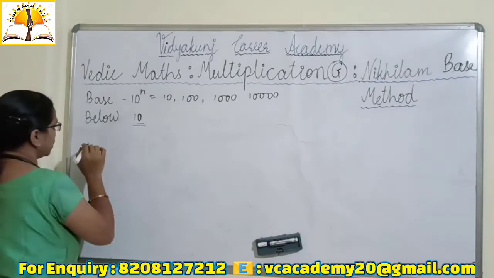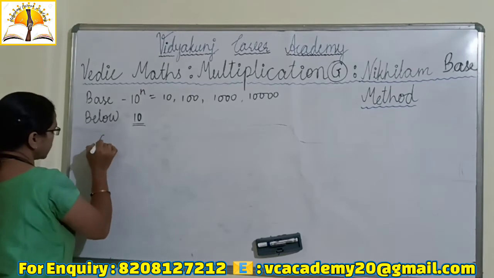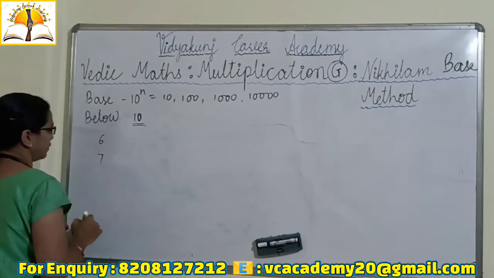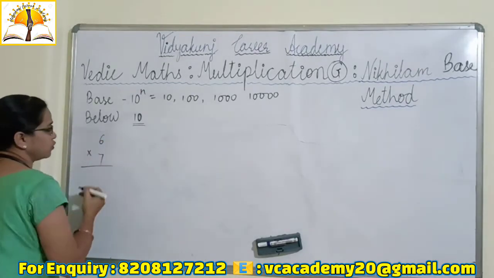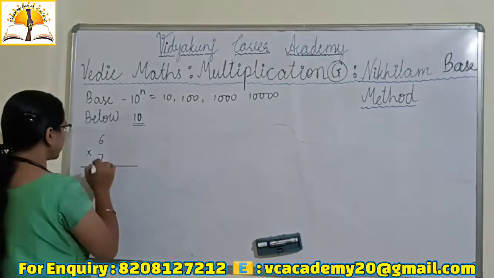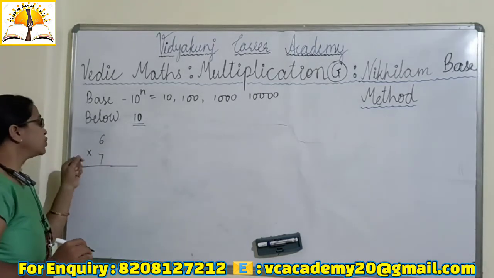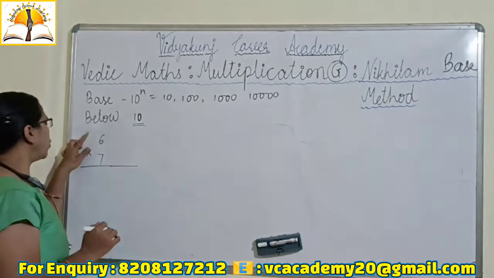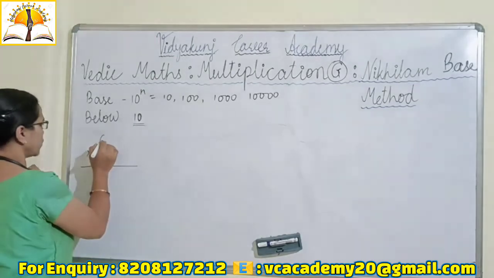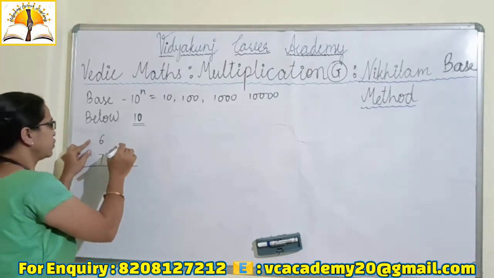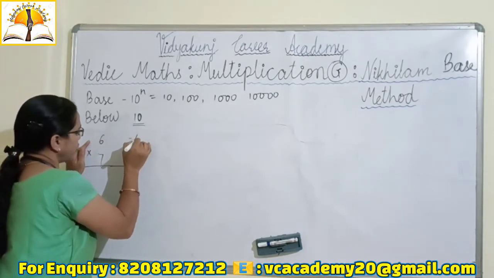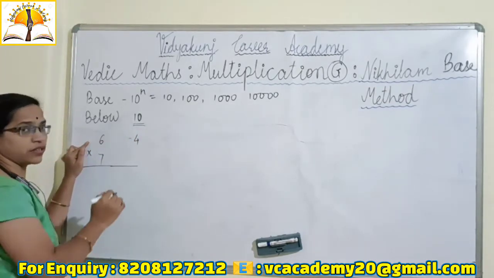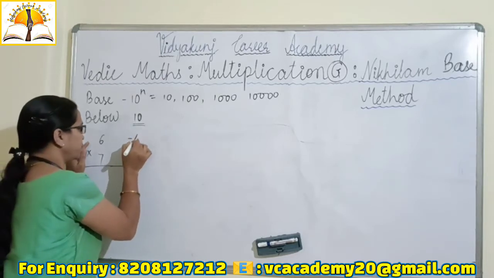I will take 6 into 7. I have to multiply 6 and 7, both numbers below 10. How many are required for 6 to complete 10? 4 is required, so I have kept minus 4.